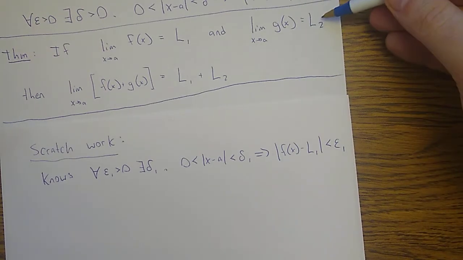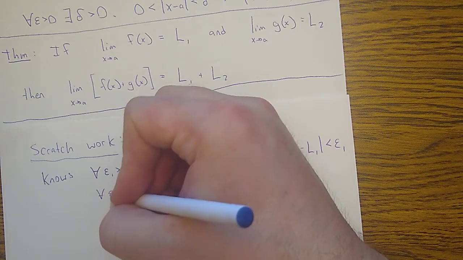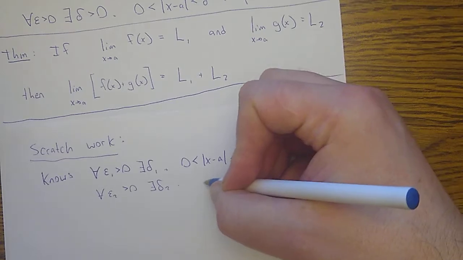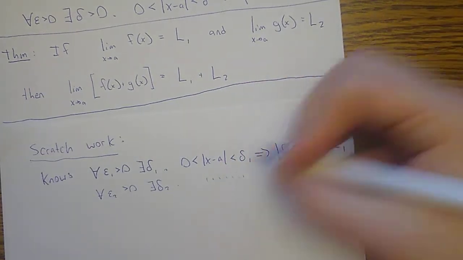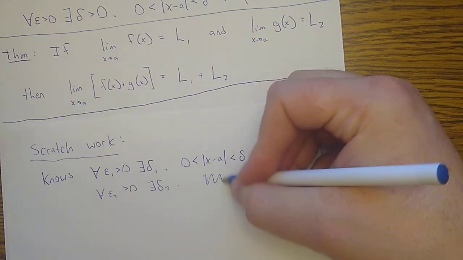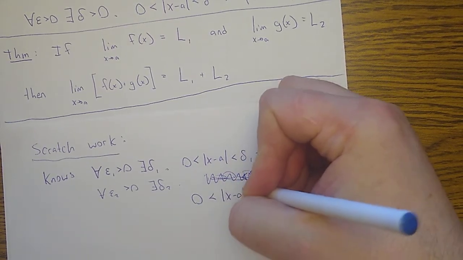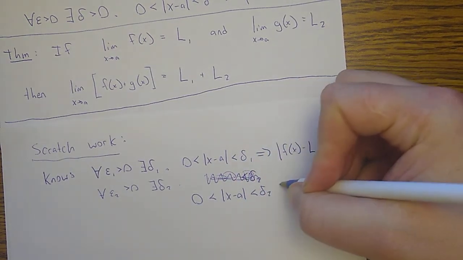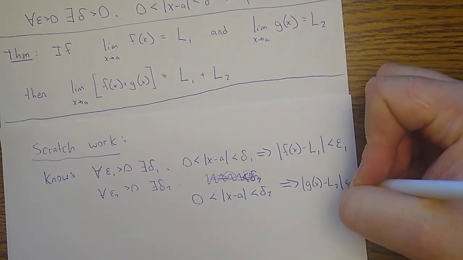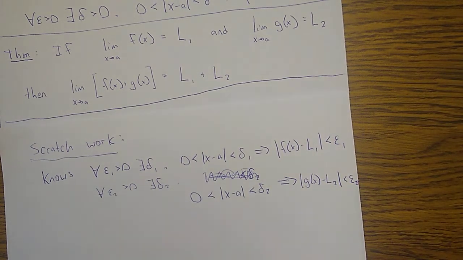And also, the same thing for g of x and L2. So for all epsilon 2, there exists delta 2 such that, sorry, I won't be lazy, 0 less than absolute value of x minus a less than delta 2 implies the absolute value of g of x minus L2 is less than epsilon 2. Right?